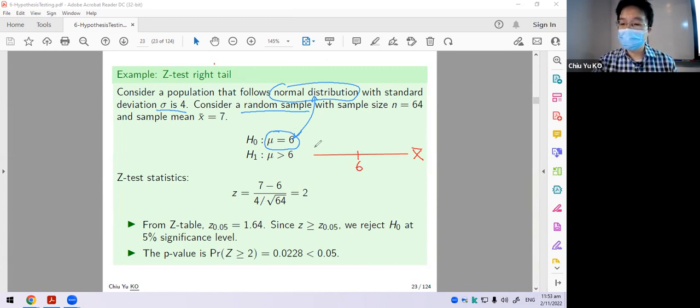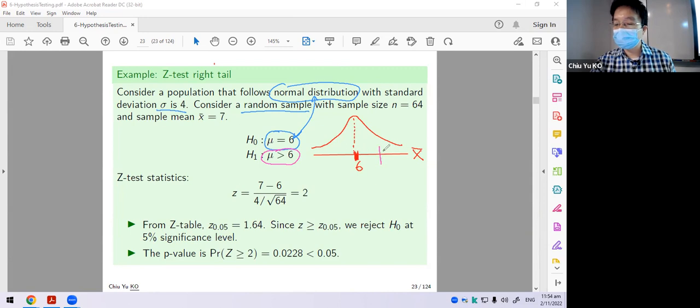So remember, hypothesis testing is we assume the null is true, and see if the data supports it. So that is the bell curve. And if we write it this way, we have the rejection region somewhere here.